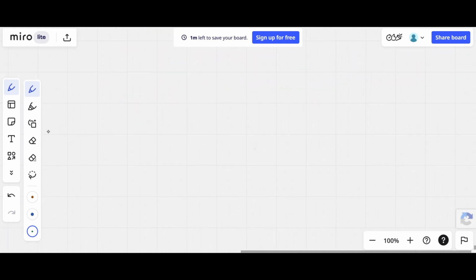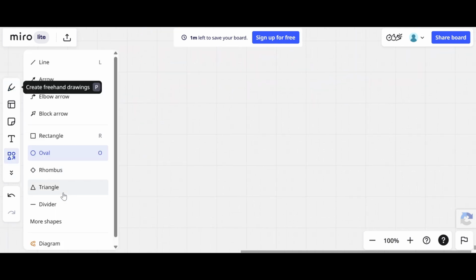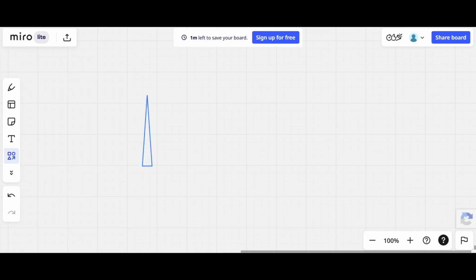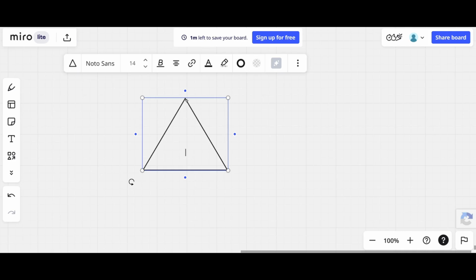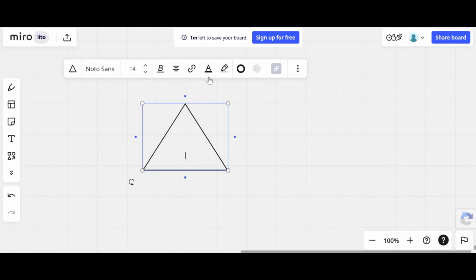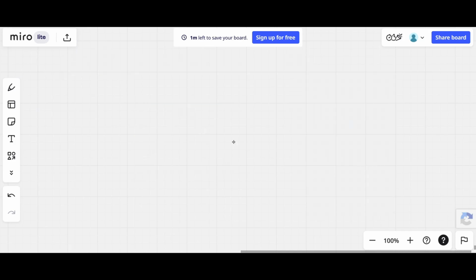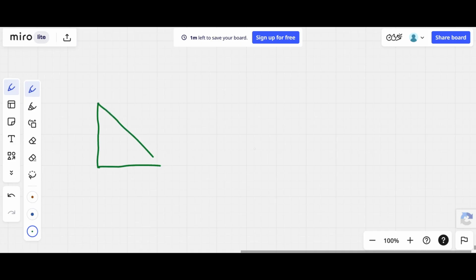Now if I have a right angle triangle, let me try to make it as well as possible. This is the right angle. In acute angle, it was inside. In obtuse, it is outside.